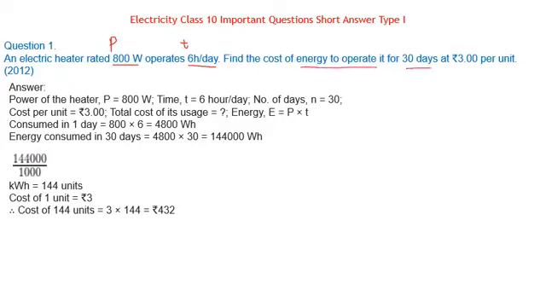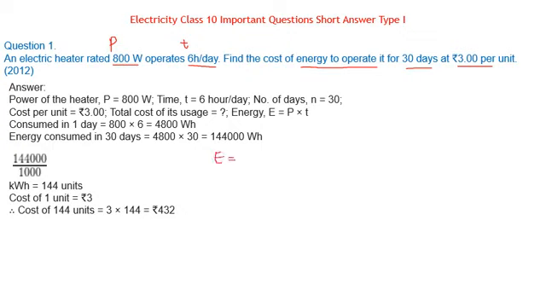First of all, we have to find out the total energy consumed, and then we can multiply with the cost, that is 3 rupees per unit. So let's find out the answer. Here the power is given 800 watt, but the time is given in hours, so we can convert. What is the unit of energy?